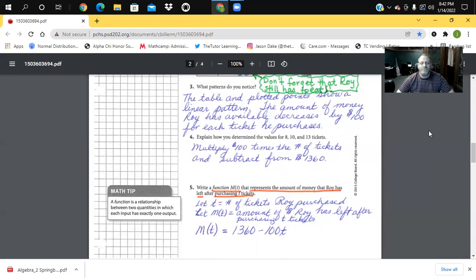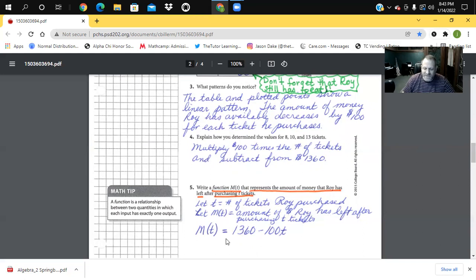Number 5, write a function M(t) that represents the amount of money that Roy has left after purchasing the tickets. So let t be the number of tickets Roy purchased. Let M(t) equal the amount of dollars Roy has left after purchasing t tickets.